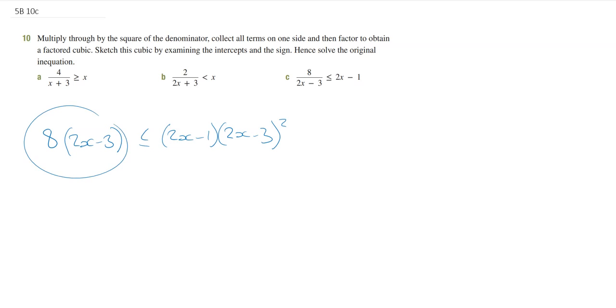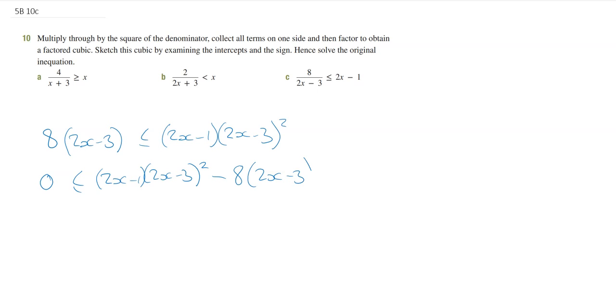Okay, so I'm going to move this to the right side. And I'm going to swap these around just because I'm pedantic and I want my squared thing first. Doesn't really matter, but anyway. So I've got 0 less than or equal to 2x minus 1 times 2x minus 3 squared, minus 8 times 2x minus 3.